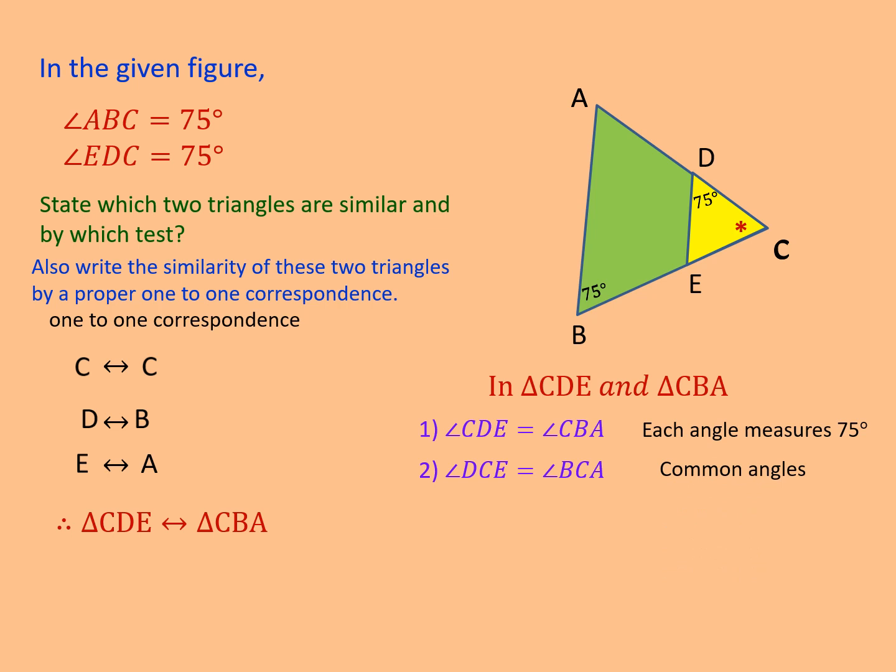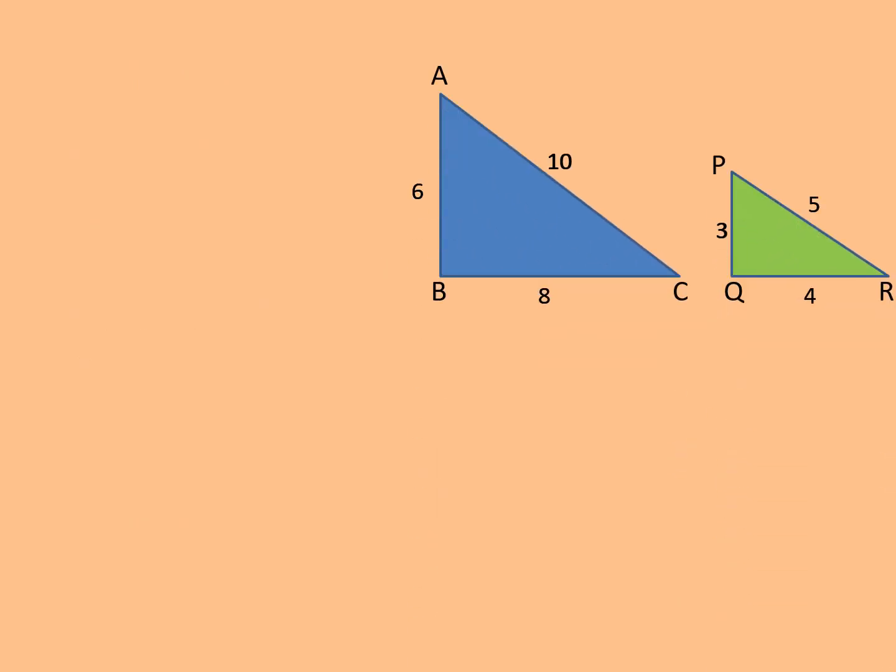So the two triangles have two pairs of corresponding angles equal, then we can say the two triangles are similar by AA test of similarity. Clear? Let us see one more example.